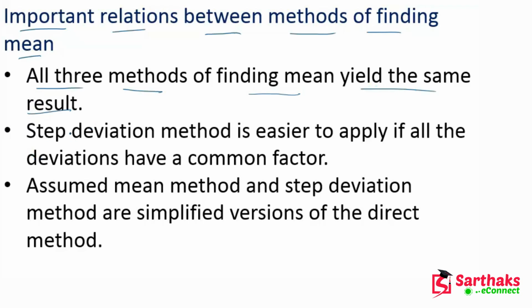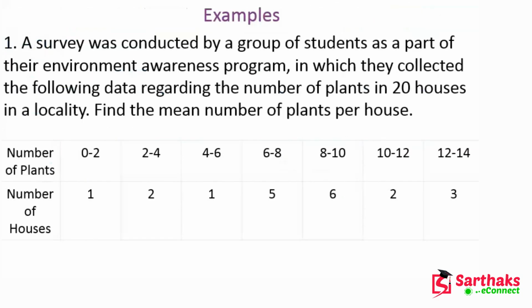The step deviation method is easier to apply if all the deviations have a common factor. The assumed mean method and the step deviation method are simplified versions of the direct method. My dear friends, now let's do some questions.